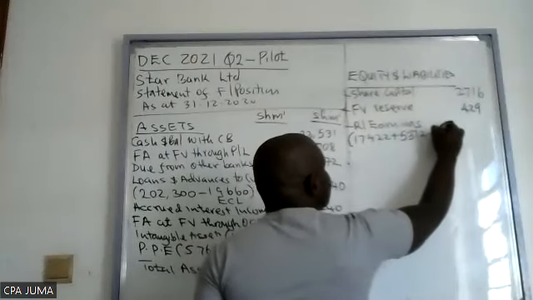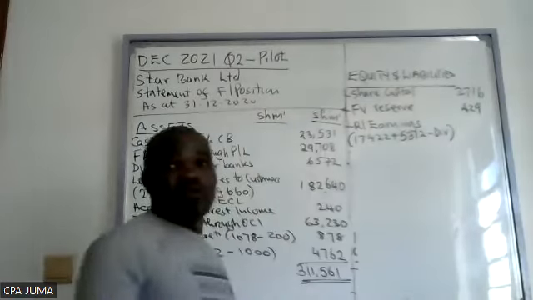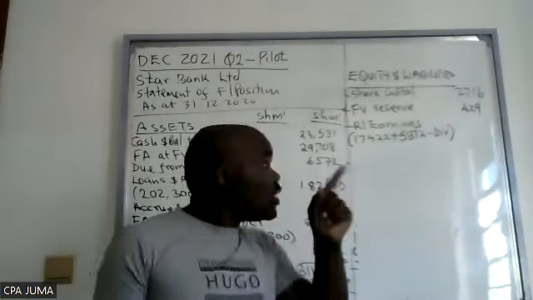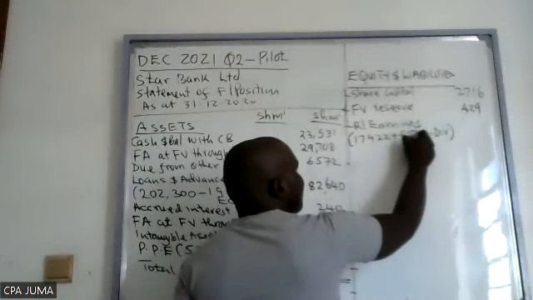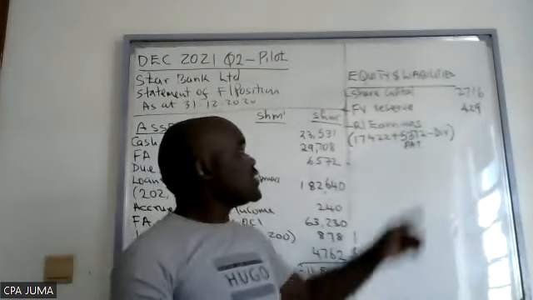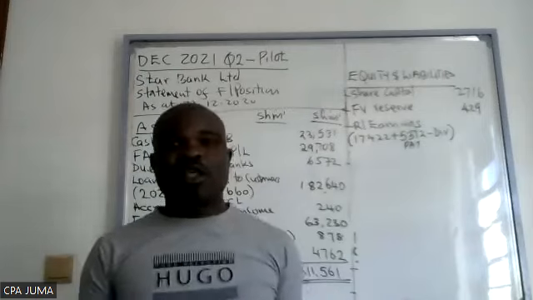5312 minus, in case there were no dividends, mostly, this plus PAT, profit after tax, minus dividends, in case dividends were there.